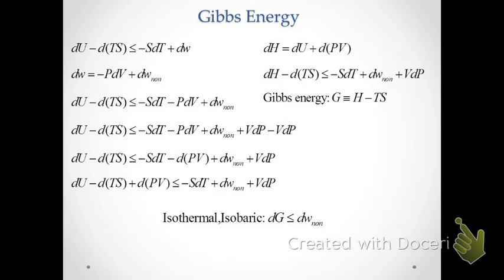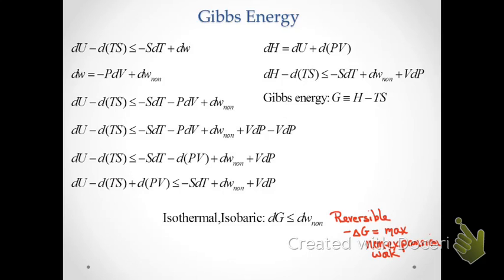You may remember from our previous video that the Helmholtz energy allowed us to determine the maximum amount of work we can get from the system for an isothermal process. Here we have the Gibbs energy, which will tell us the maximum amount of non-PV work we can get from a system under conditions of isothermal and isobaric process.